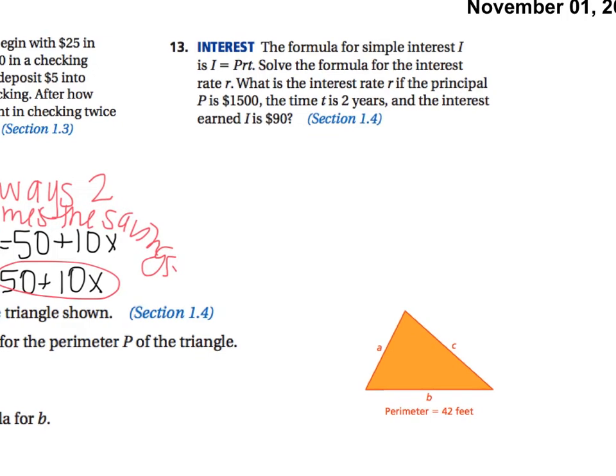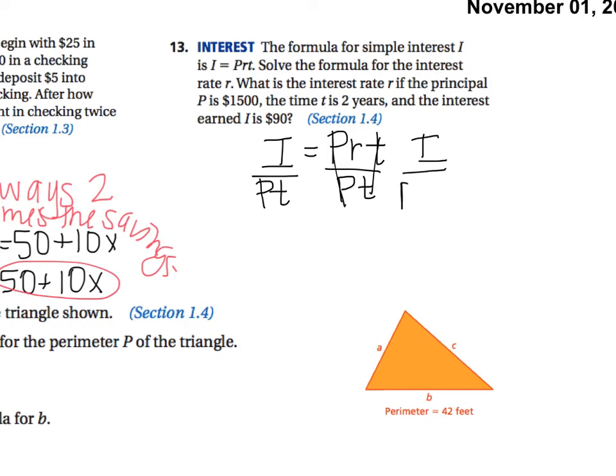On number 13, we have the formula I equals P times R times T, and they want us to solve the formula for R. So in order to get R by itself, you'd have to divide by P times T. So R equals I divided by P times T. They want to know what R is if the principal is 1,500, the time is 2 years, and the interest earned is $90.